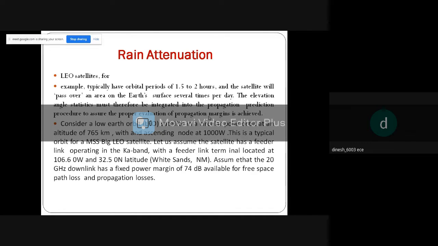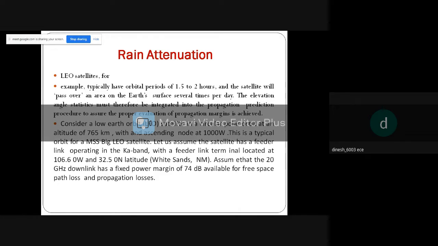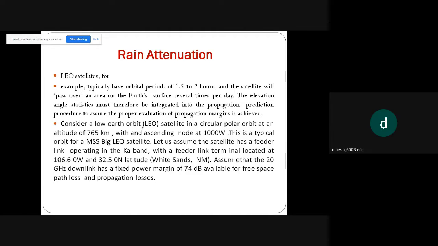So consider a low Earth orbiting satellite, LEO satellite, in a circular polar orbit at an altitude of 765 kilometers with an ascending node at 1000 watts.